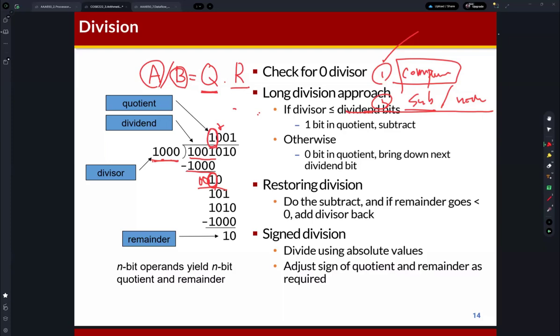If a certain operation includes conditional operation, then parallelization is very difficult. So this is the division. You can find that division is the inverse process of multiplication, but this inverse process includes comparison and subtraction. That's why division is very difficult to parallelize.